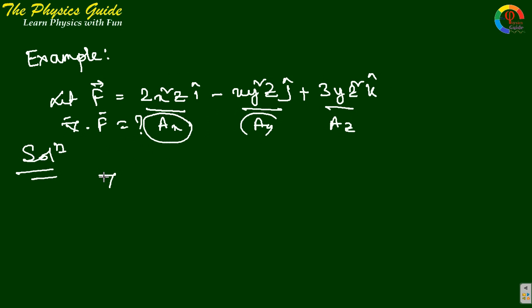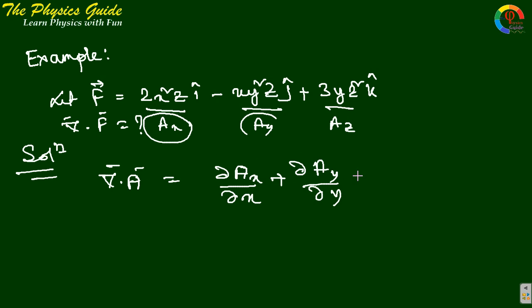So del dot f equals del ax del x, plus del ay del y, plus del az del z. In this case A equals f.